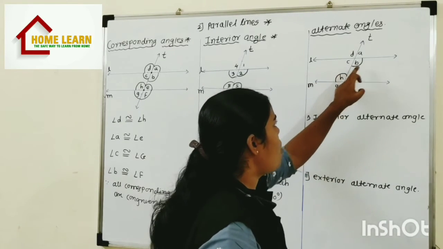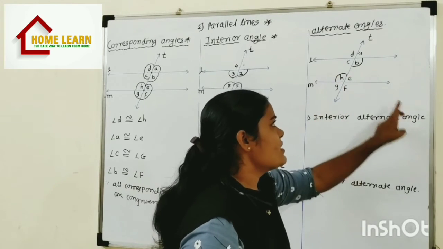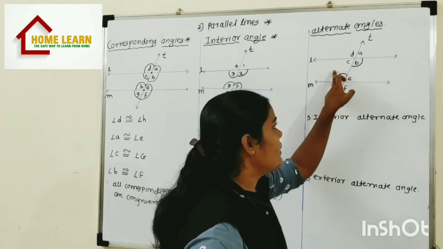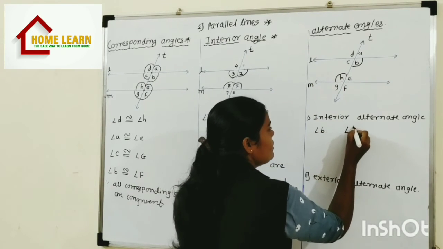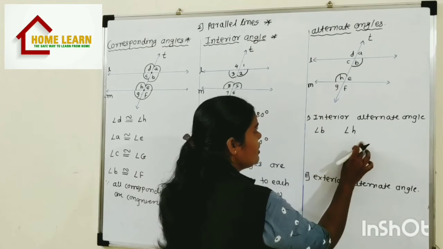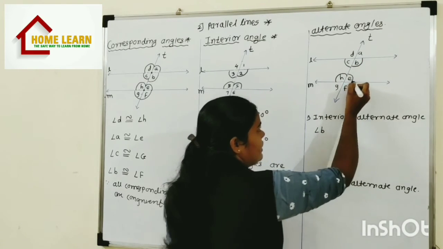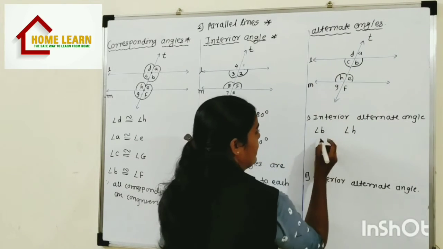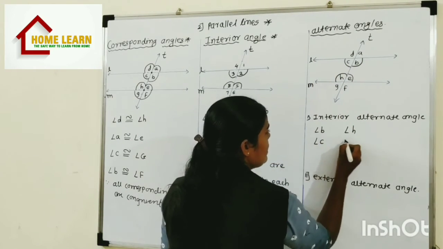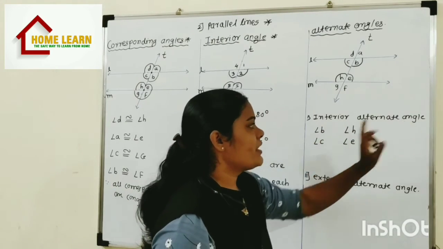This is a pair of alternate angles. So write angle B and angle H. This is one pair, and the second one is angle C and angle E. These are interior alternate angles.